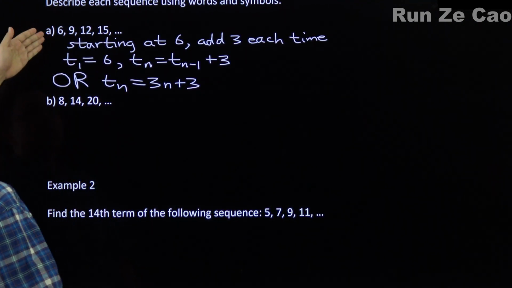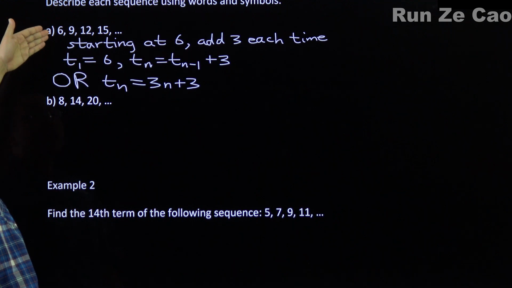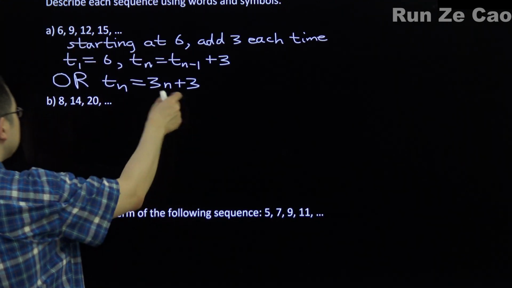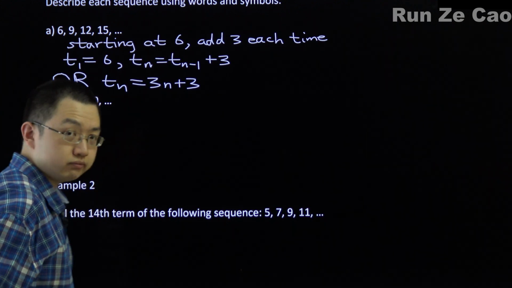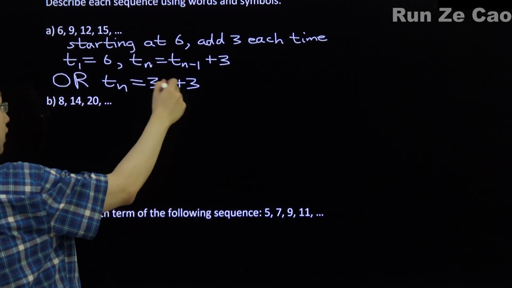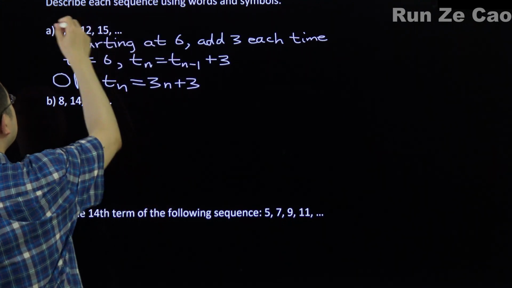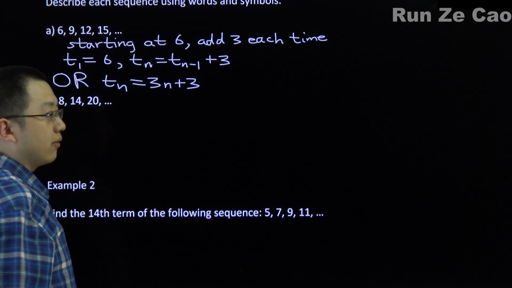Because your term 1 is 6, your term 2 is 9. Oh, hey, you add 3 each time. Okay, 3n. And then what do you have to do to make your term 1 true? Oh, okay, plus 3. Because term 0, so to speak, is 3 if you go back one.